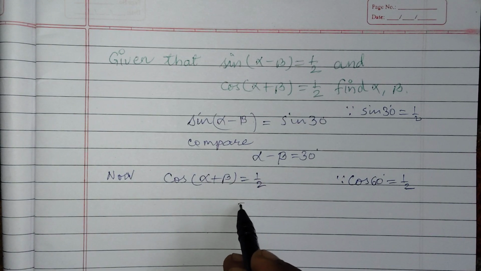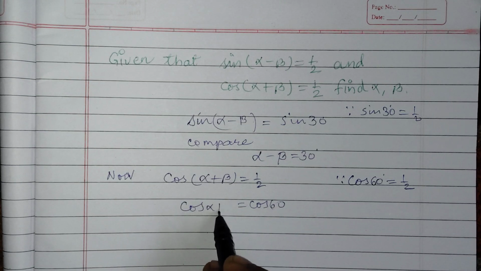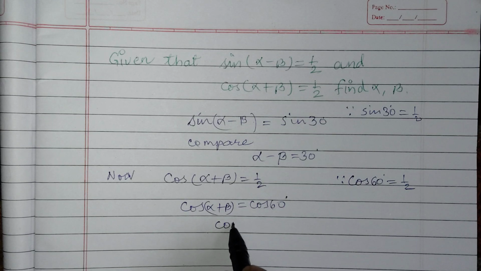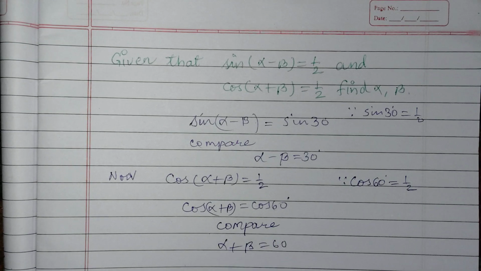So 1 by 2 is written as cos 60. Comparing both sides here again, we can say alpha plus beta is equal to 60 degrees.